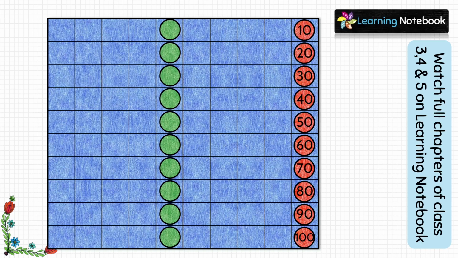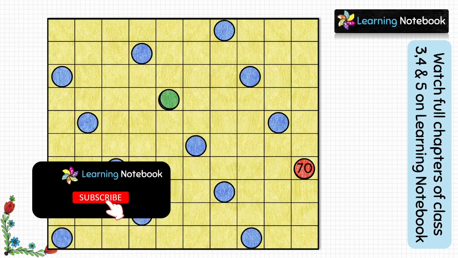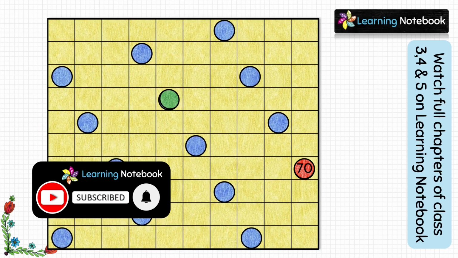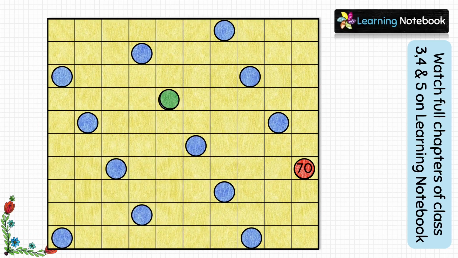Now students, let's place the yellow sheet over this blue sheet and we will get common multiples of 2, 5 and 7. It is showing only one common multiple which is 70, and which is also the least common multiple. So the LCM of 2, 5 and 7 is 70.